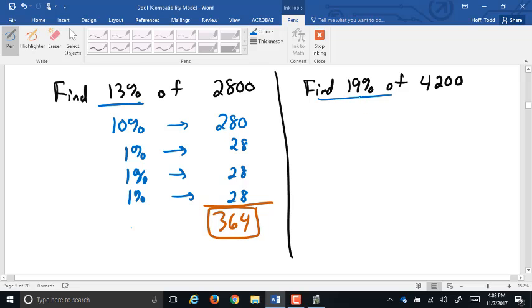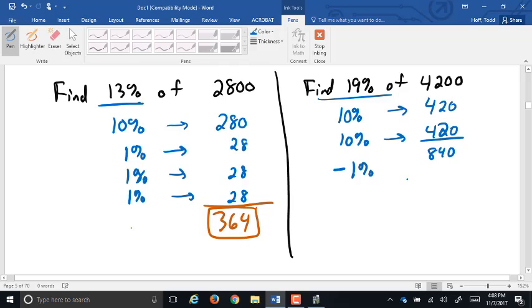Well, 19%, I might find that as being 10% plus 10% minus 1%. 20% minus 1. 10% is 420. Another 10% is 420, which adds up to 840. And I am subtracting 1%, which is 42. So 798 is 19%.